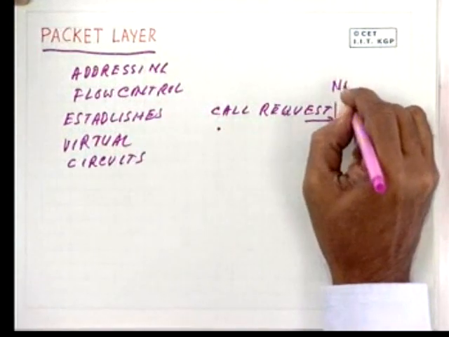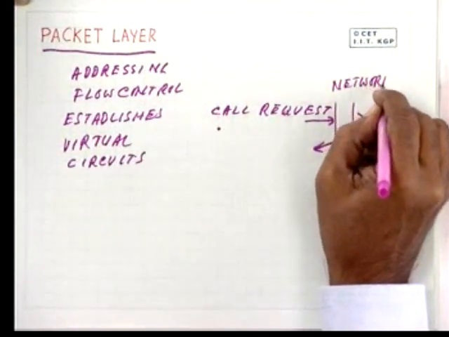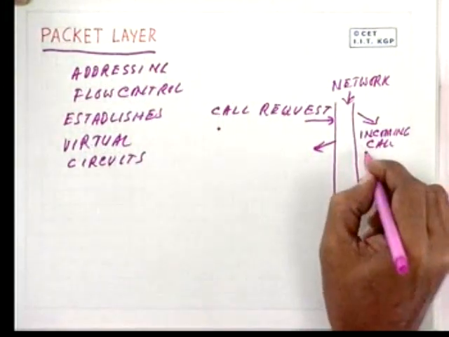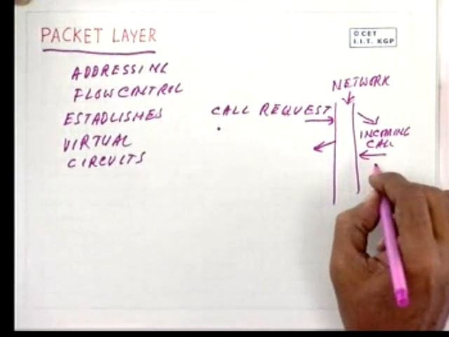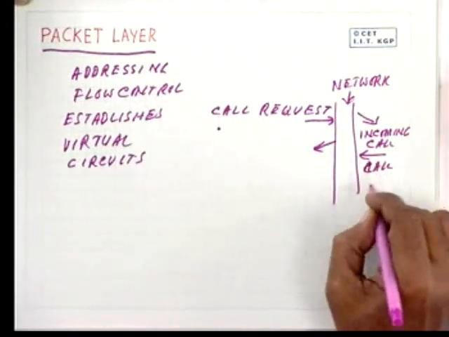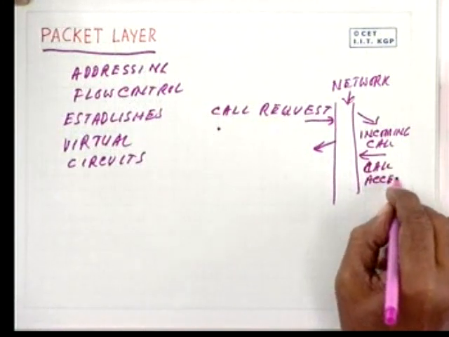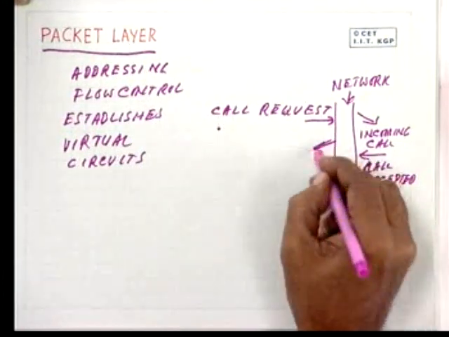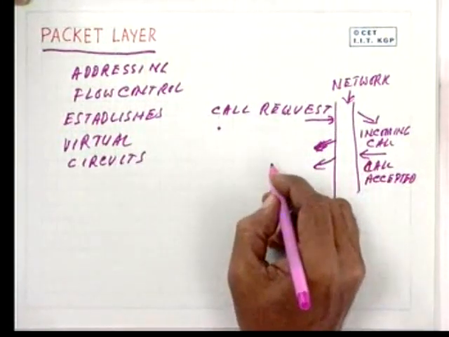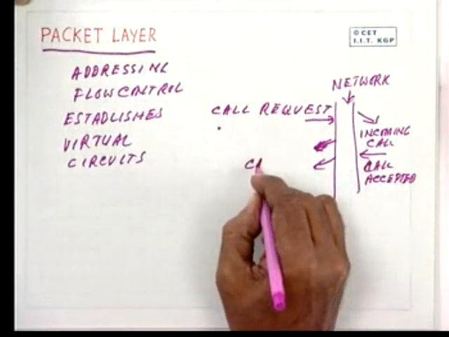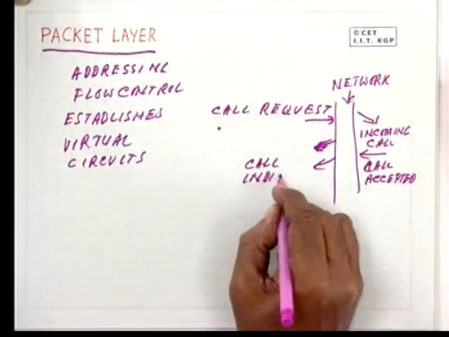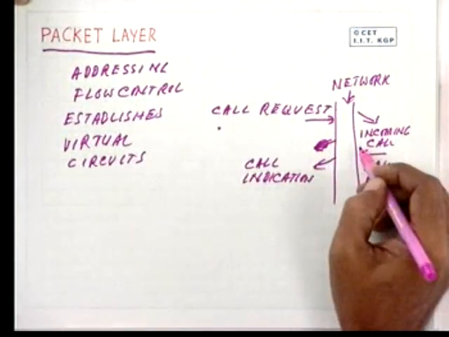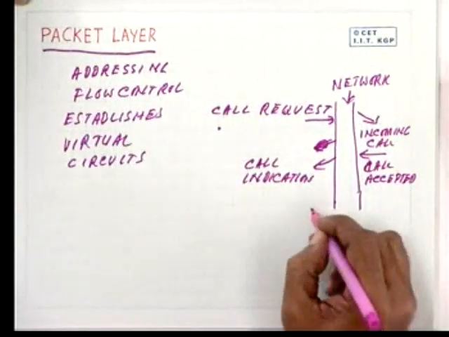This is the network and this is the other end, and on this side you will get the incoming call, then it will get the call accepted packet being sent, and the other side will get the call indication, and after this the call is set up, it will perform data transfer.